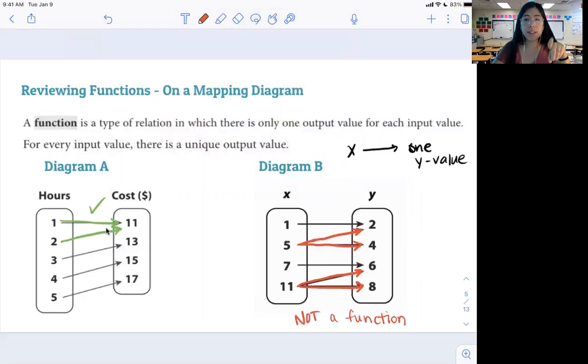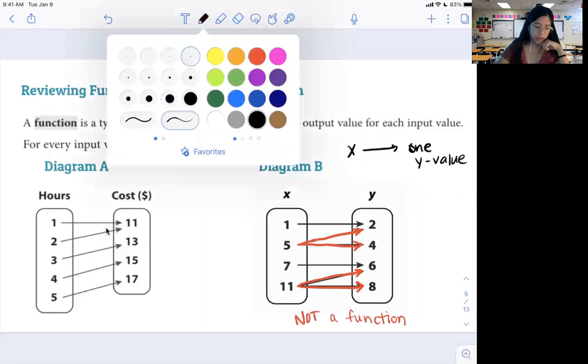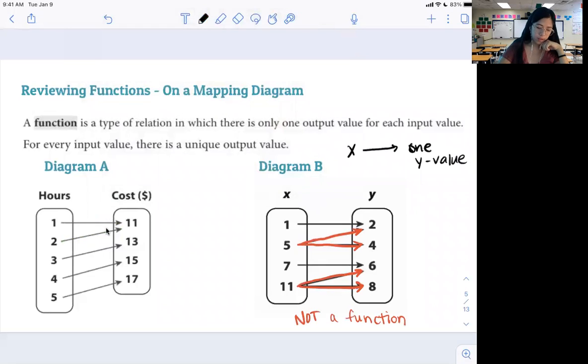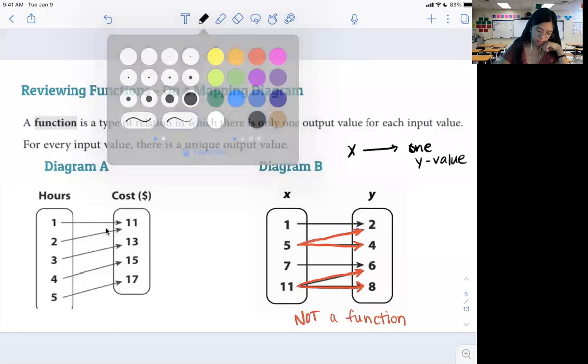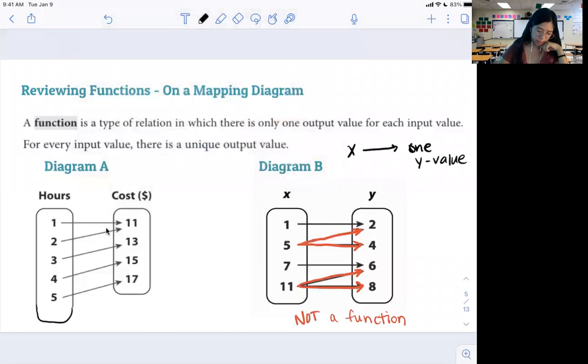Now, there's one more thing that sometimes they do, so I just want to make sure I cover this. What if I had one more number here, but it wasn't going anywhere? Would that be a function? I have a 6 and it doesn't go anywhere.